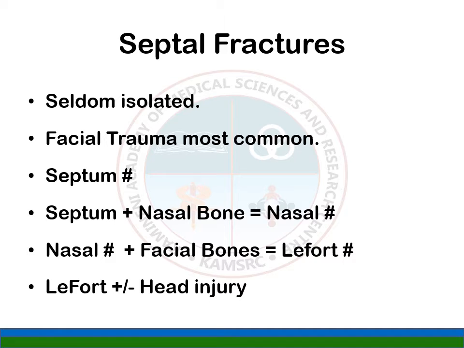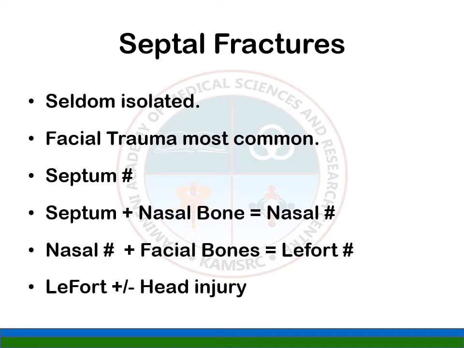There are three different varieties of Lefort fracture which we'll see later on, and majority of the times the Lefort fracture is associated with head injury, because essentially the severity of the trauma for a Lefort fracture will usually be associated with a head injury also.